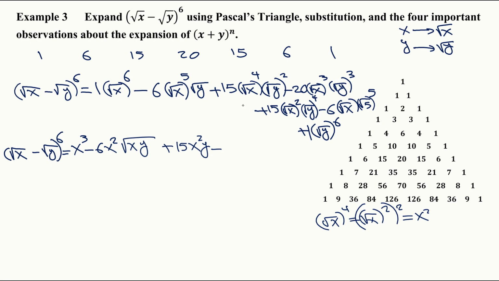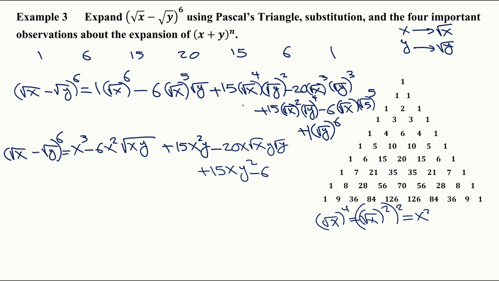Minus. Now 20 times square root of x cubed. Remember, that's square root of x squared, which is x times another radical x. Forget the 20. And for square root of y cubed, that's just y radical y. We're probably going to write one more line anyway to really clean it up. Plus 15 x, remember the square root of y to the 4 is like square root of y squared, so it's just y squared, minus 6.